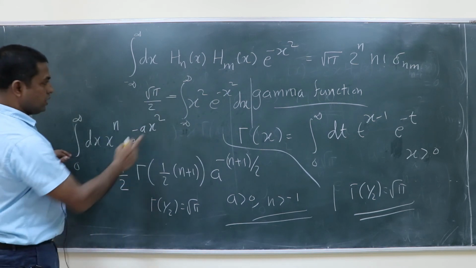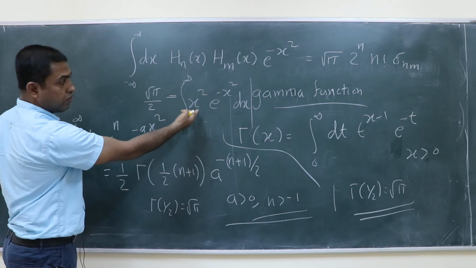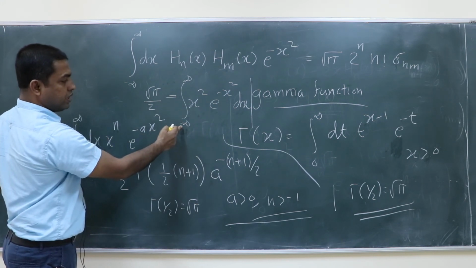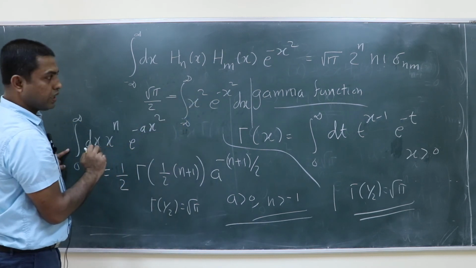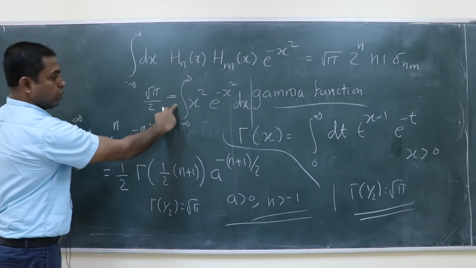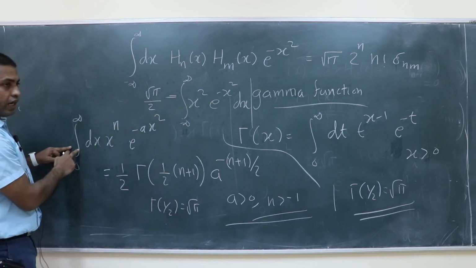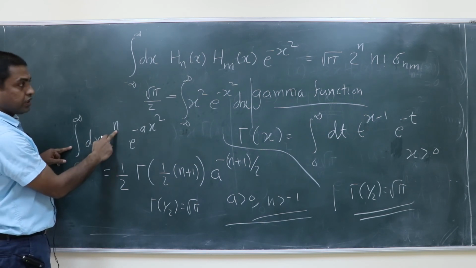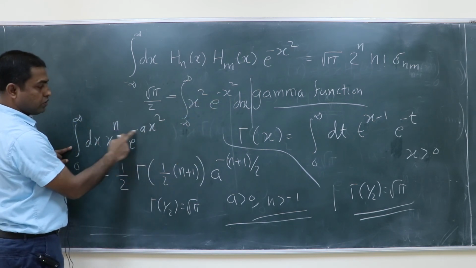Now, is this a symmetric function, an even function? Yes, sir. So I can change this to 2 into 0 to infinity x square e power minus x square dx. Now you look at this, and put n equal to 2 and a equal to 1.